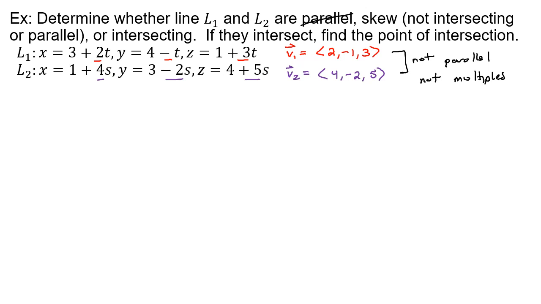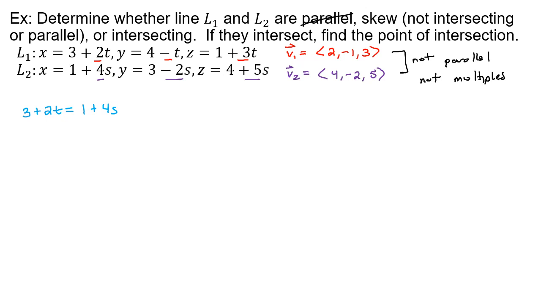If they intersect, then the x's have to be the same. You can set them equal to each other. The y's have to hit the same spot on the t's, and the z's would have to be hitting the same spot. So let's see what happens. I could take 3 plus 2t and set that equal to 1 plus 4s.